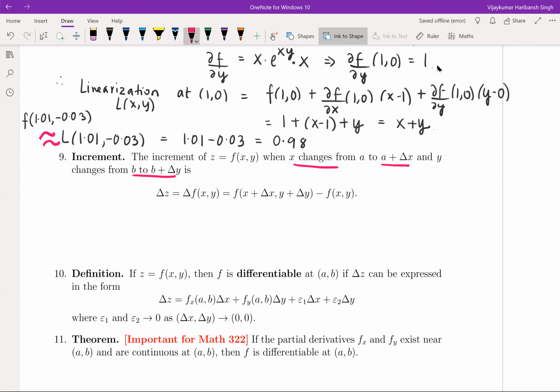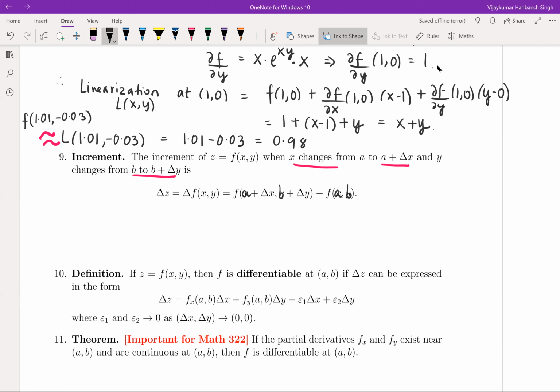Well, clearly that can be written as delta z equals delta of f of xy, which is f of a plus delta x, b plus delta y, minus f of ab. So this gives us the change in your function if x changes from a to a plus delta x and y changes from b to b plus delta y.